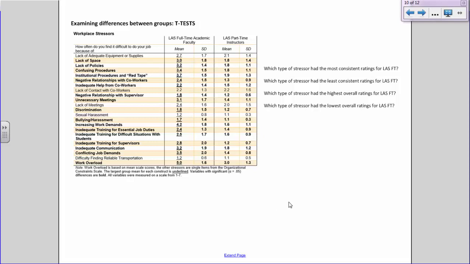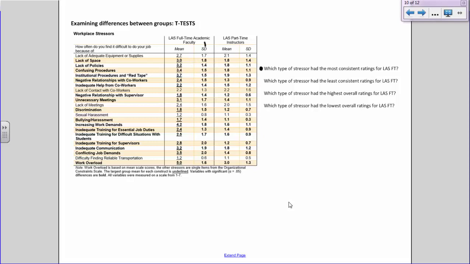So remember, the mean is the average, right? Overall. And the standard deviation tells you how spread out the scores are. So if I ask you which type of stressor had the most consistent ratings for full-time LAS faculty, you should be looking in the standard deviation column for full-time faculty. Most consistent means the lowest standard deviation, right?